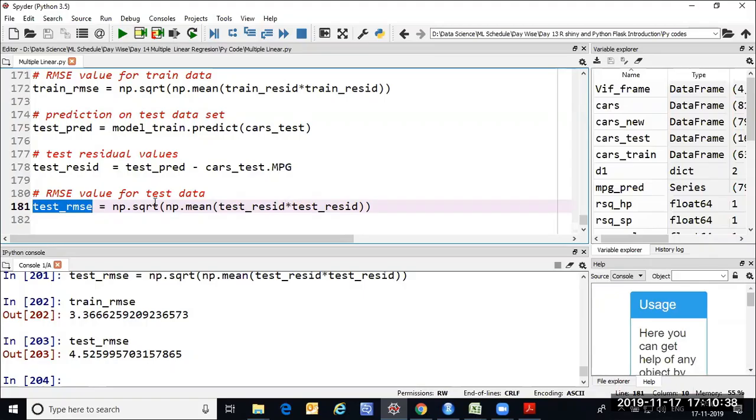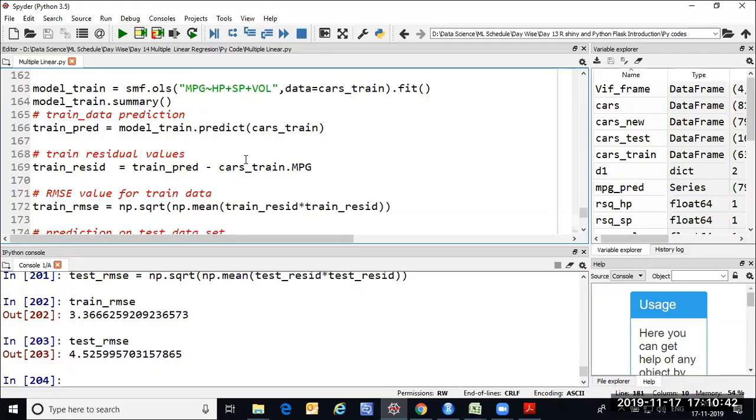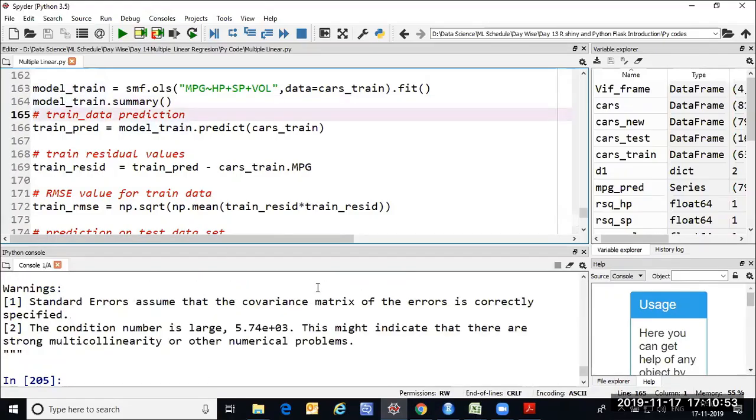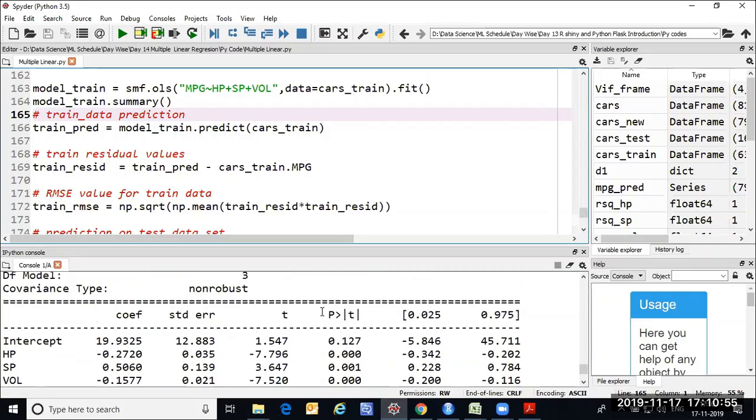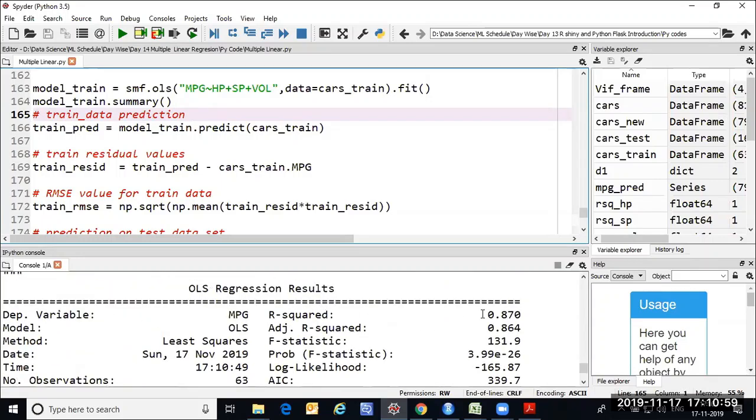But what is our training accuracy? 87, right? R squared value.